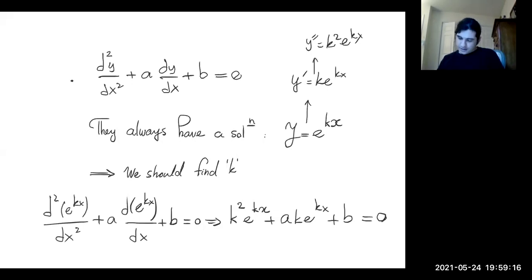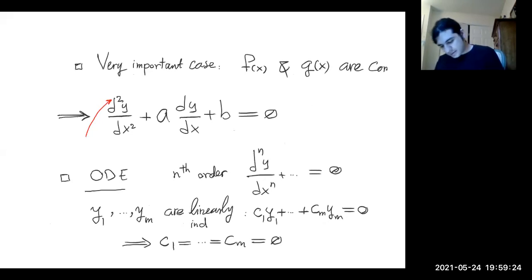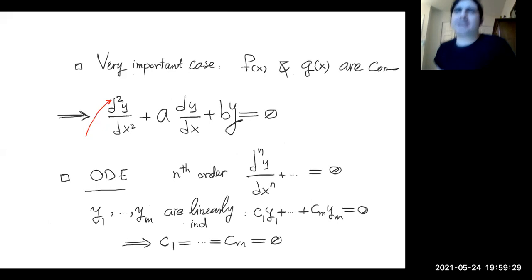Sorry, I made a mistake in writing the equation. I wanted to consider the homogeneous one. This is the next example actually, I rushed it a little bit. I want it to be b times y. We don't have a constant here.